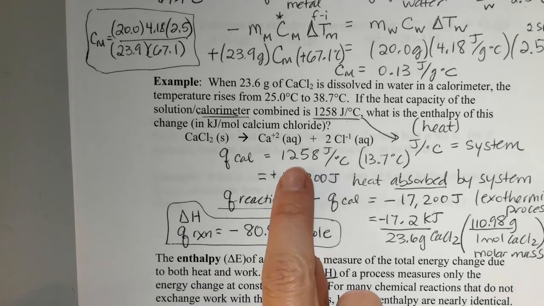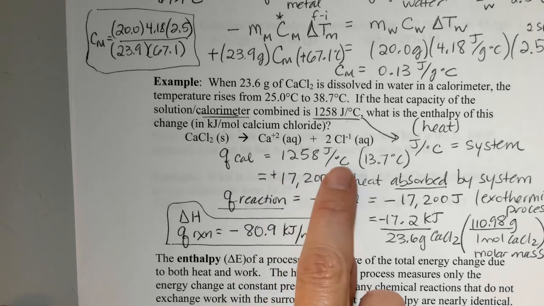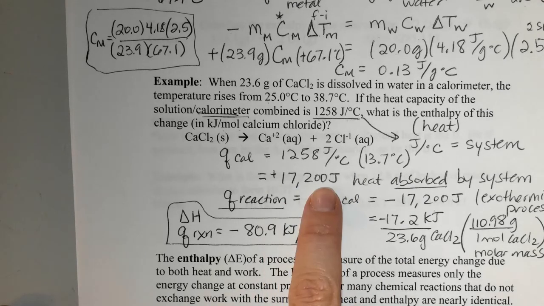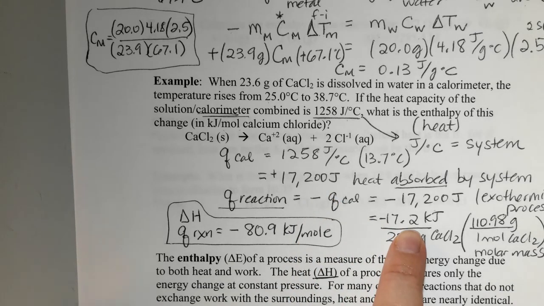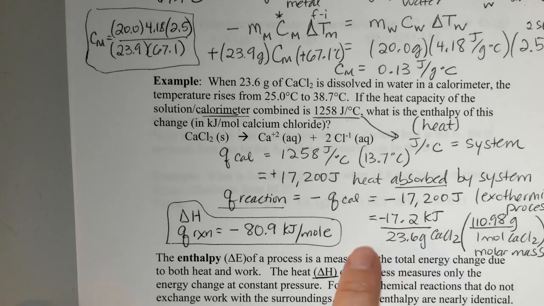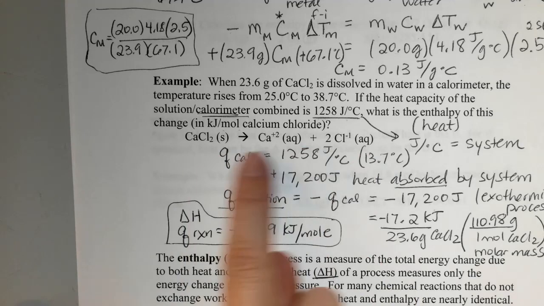So the calorimeter absorbs 1258 joules for every degree Celsius increase, and if there's a 13.7 degrees Celsius increase, that means it absorbs 17,200 joules or 17.2 kilojoules. That was absorbed by the system, then that means that that's the energy released by this dissolution process, right?